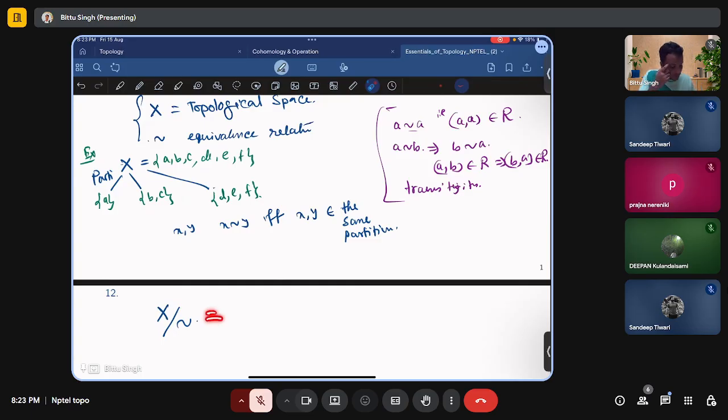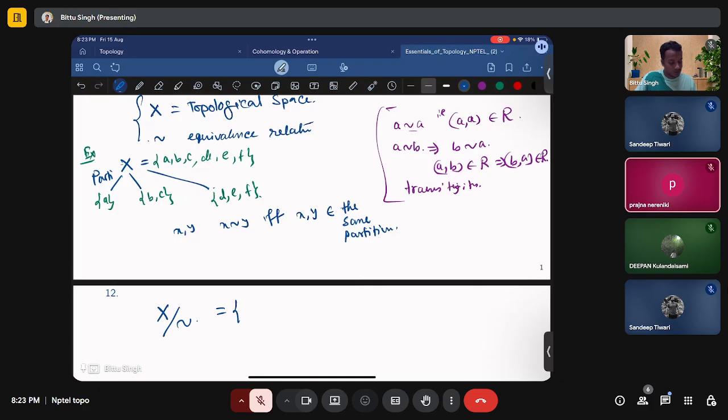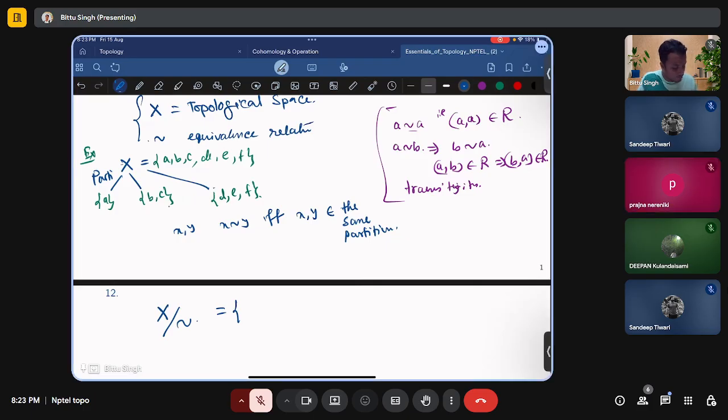So as a set, this will be like this. You already know about cosets, right? G mod H, group coset. Yes, sir. Then great. Then everything will be some kind of coset.